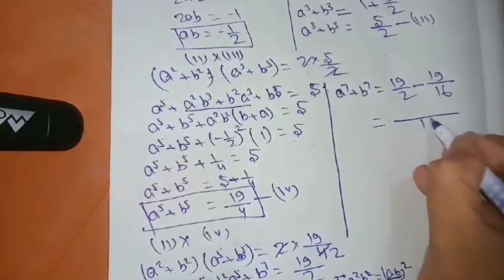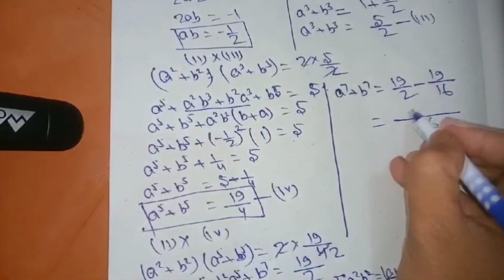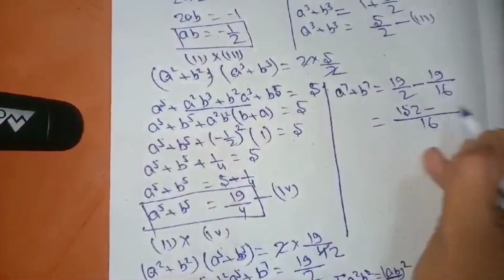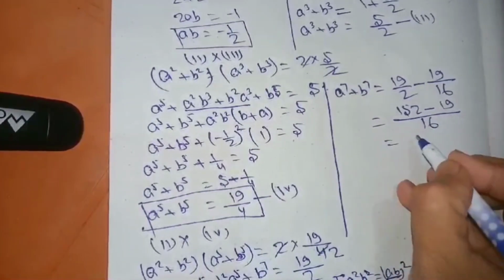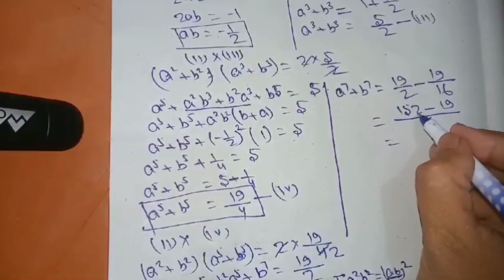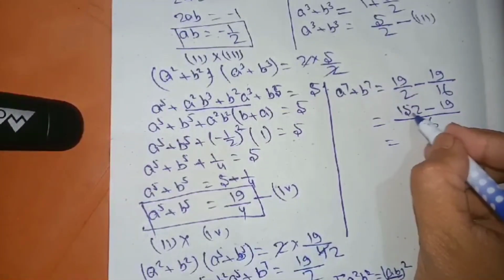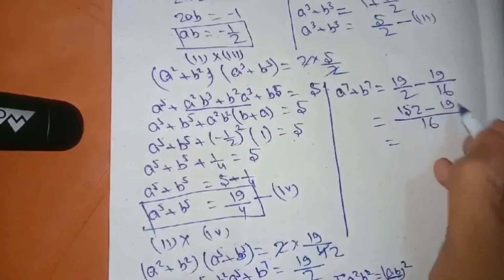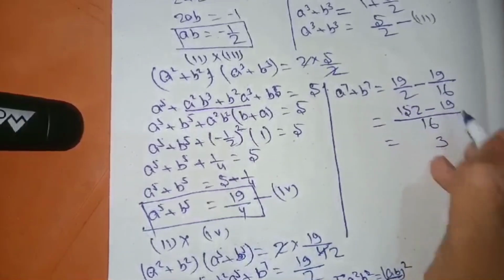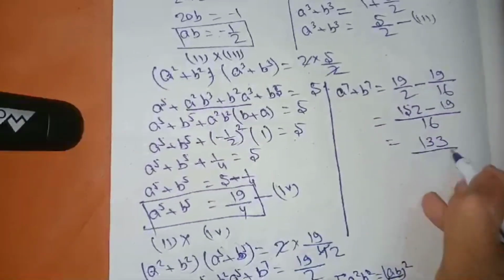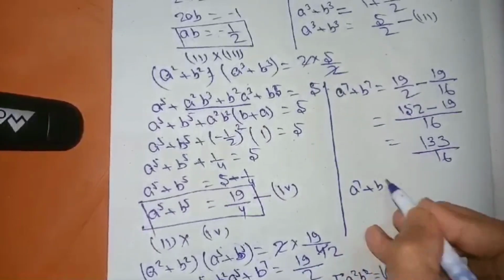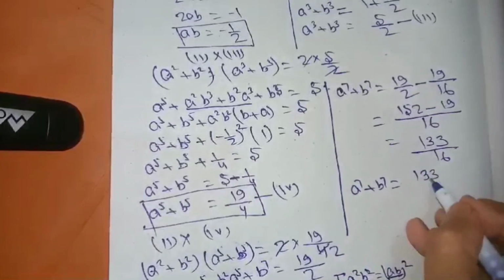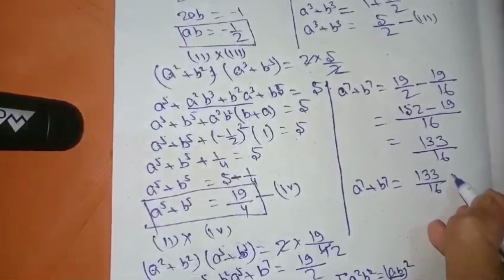Taking 16 as LCM, here is 152 minus 19. When we subtract 152 minus 19, it gives 133 by 16. So the value of a to the power 7 plus b to the power 7 is 133 by 16. This is our answer.